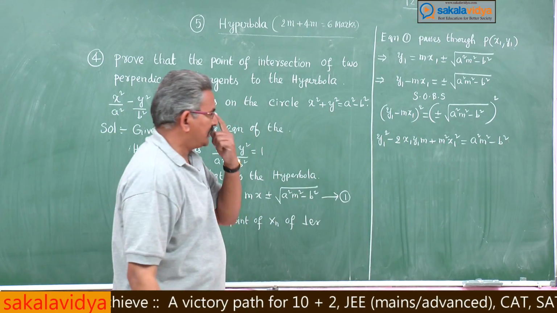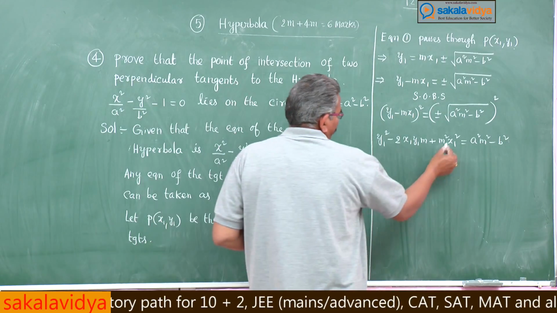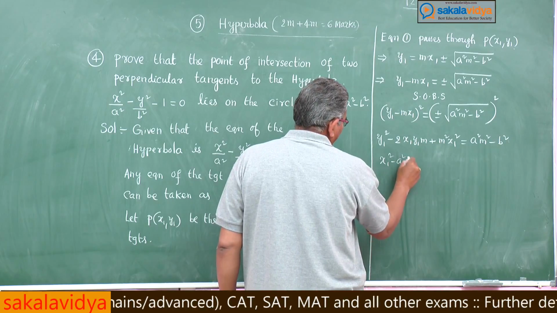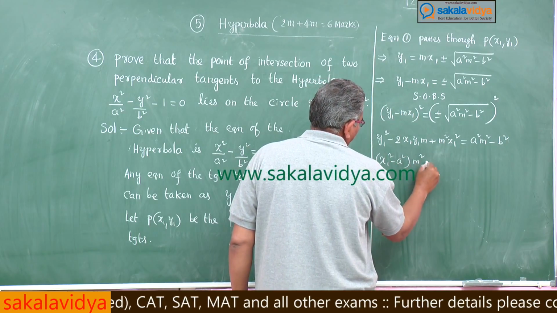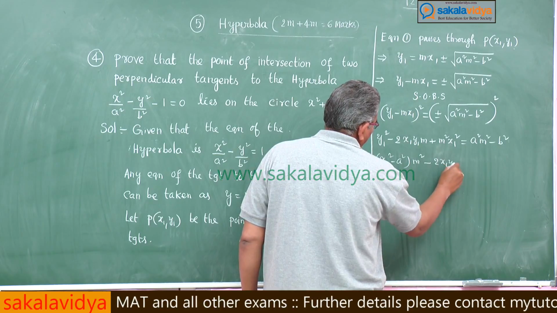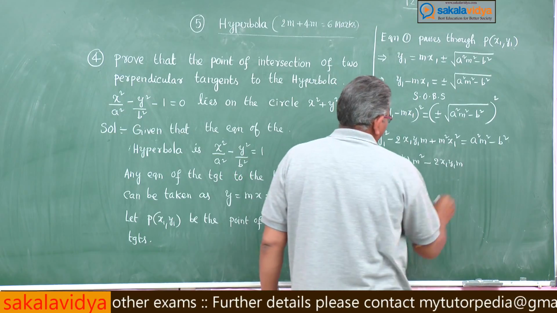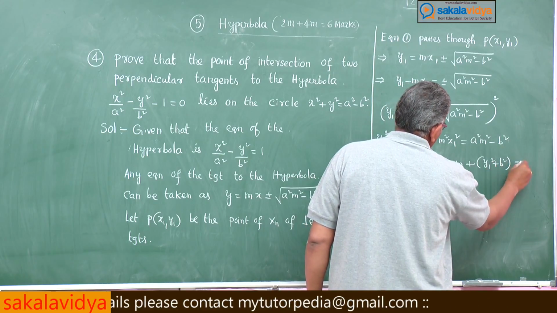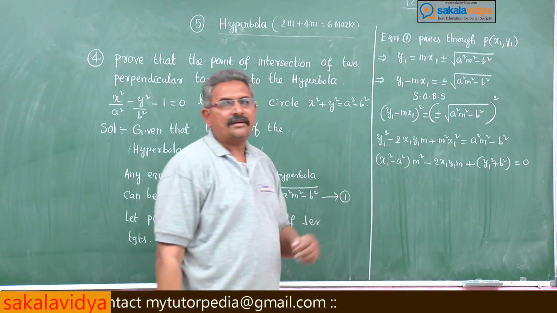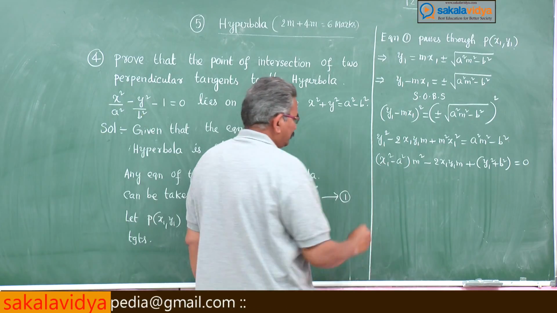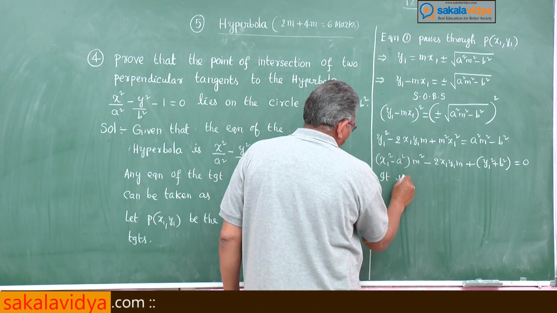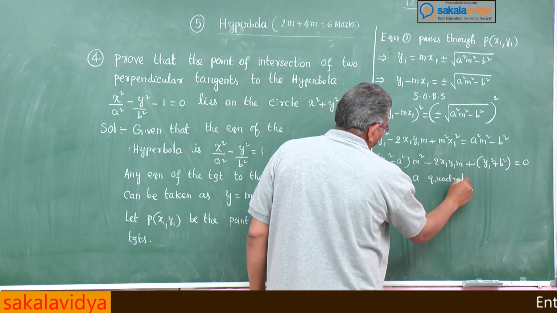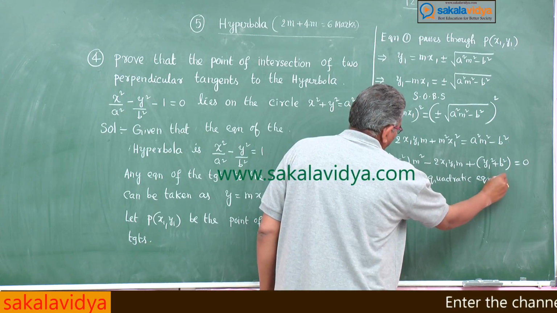So, you bring this side now. From here we get x1 square minus a square, times m square, minus 2 x1 y1 m plus y1 square plus b square is equal to 0. It is a quadratic equation in m.